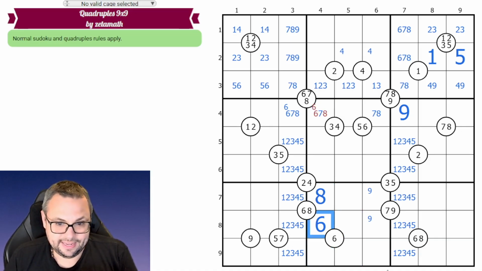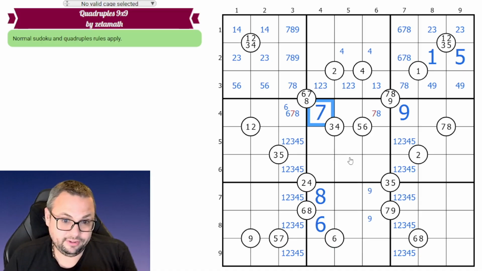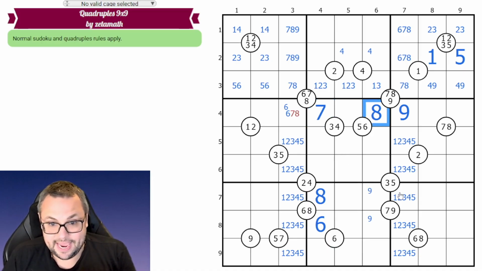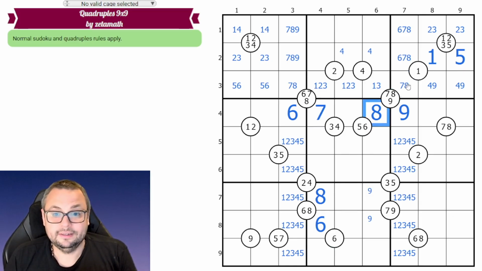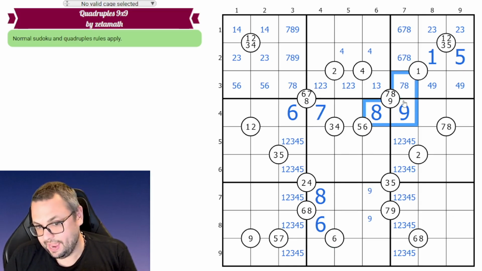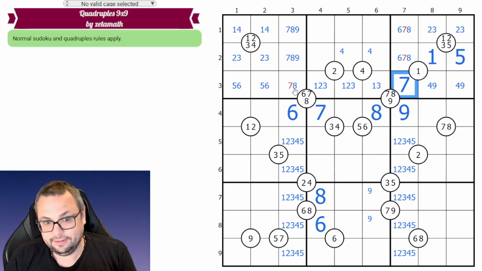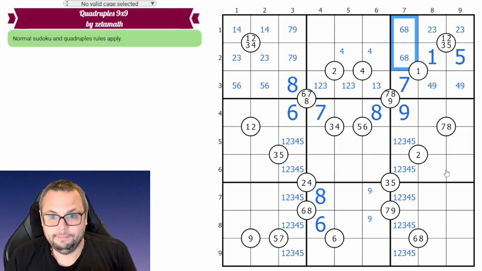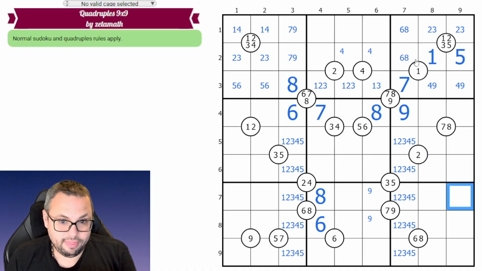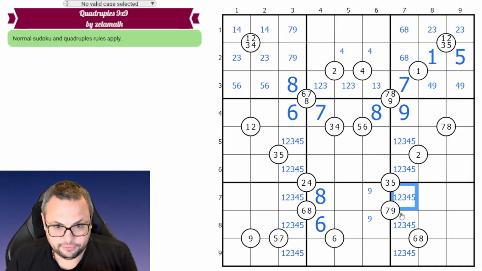So that's the 8 and that's the 6. Which has made that the 7 and that the 8. That the 6. Remember, this is a triple, so that's the 7. And likewise, that's a triple, so that's the 8. So we get all of that filled in for us.